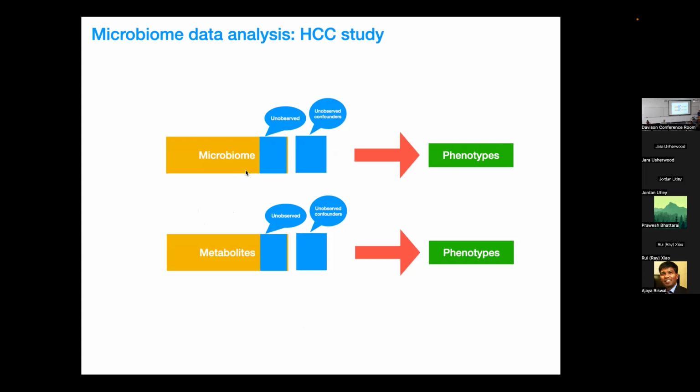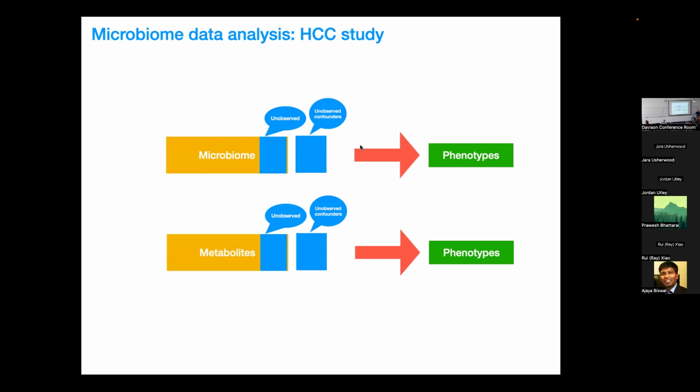Often when we say that the microbiome is affecting phenotypes, and given that the directionality is right, there are already methods available for it. But it is not that the microbiome is acting wholly and solely and affecting a phenotype of interest. With respect to the microbiome, there are many unobserved confounders that act together and affect phenotypes of interest.